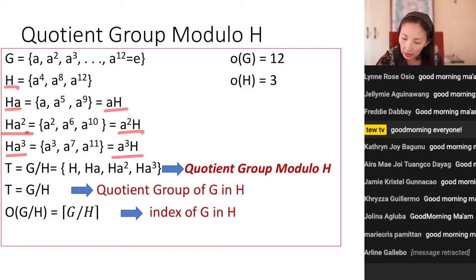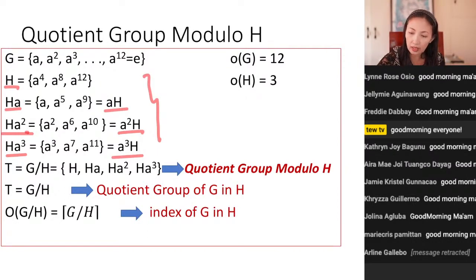If we take the union of the 4, then we end up with G. So, T here refers to the quotient group modulo H, which is G over H, consisting of H, okay, HA, HA squared, and HA cubed.